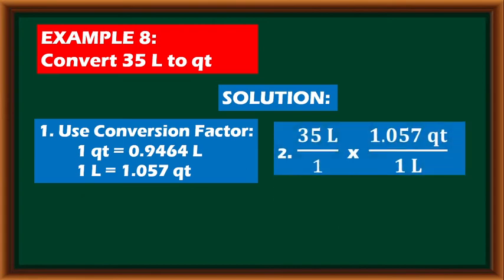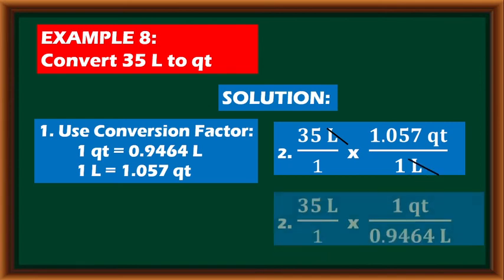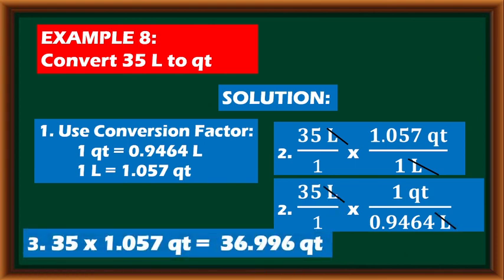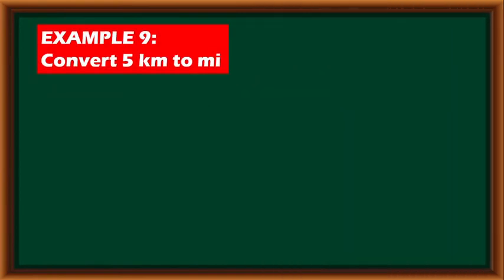Okay? 35 liters over 1 times 1.057 quarts over liter. So you are going to remove liter. So 35 times 1.057 is equivalent to 36.996 quart, or that is 37 quart in the nearest whole number. Okay? 37 quarts.